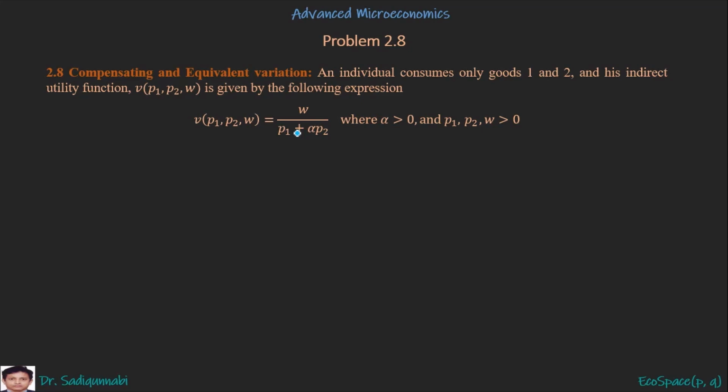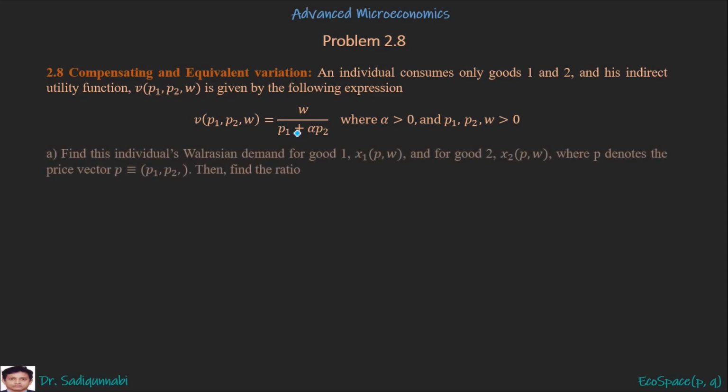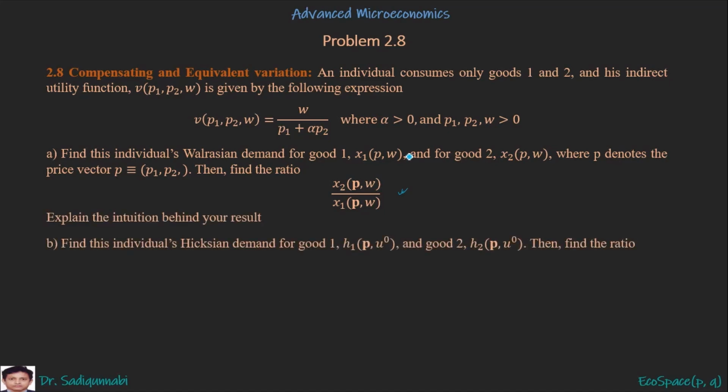We have to find this individual's Walrasian demand for good 1 and for good 2, where p denotes the price vector (p1, p2), and then find the ratio. Part B is similar to A, but it is on the individual's Hicksian demand, and find the similar ratio, and in both cases explain the intuition behind the result.